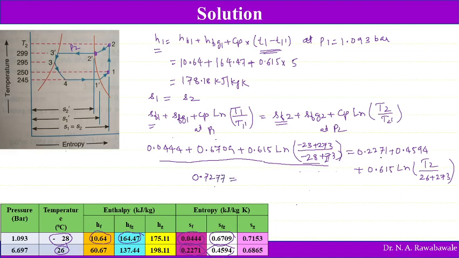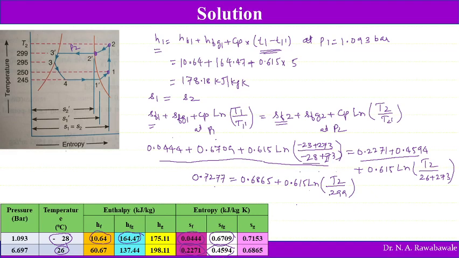On the right hand side, if we add 0.2271 plus 0.4594, we get 0.6865, plus 0.615 natural log of T2 divided by (26 plus 273), which gives us 299 degrees Kelvin. So this can be simplified.